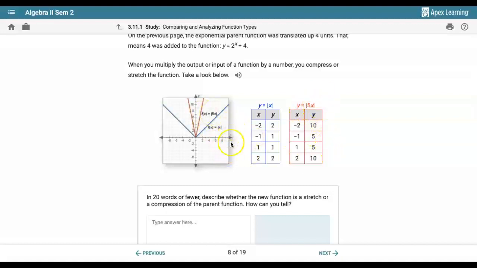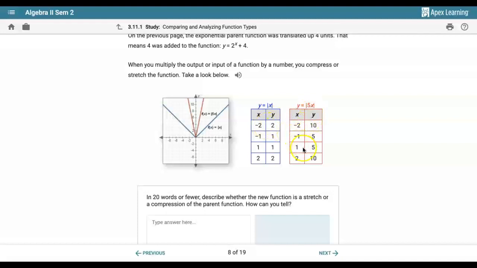Then if we look at this next guy here, we've even gotten the equation. So this function here is a vertical stretch, and I know this by a lot of different ways. First, graphically, it's pulled away from the x-axis, so that's going to be a stretch in the vertical direction. We can also notice on our equation that we multiplied our x component by a value greater than 1, so it is a stretch.